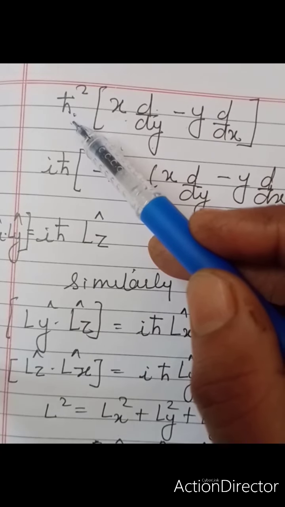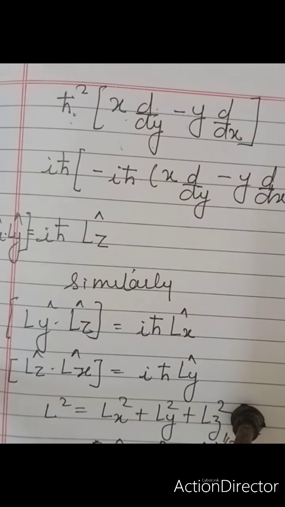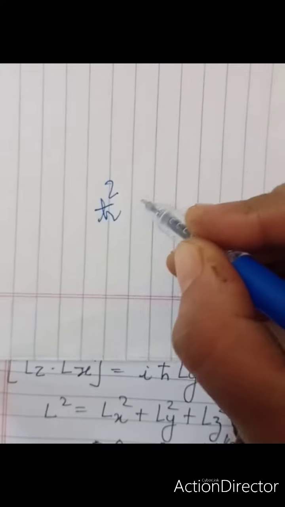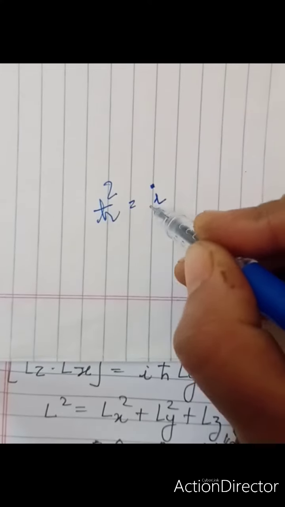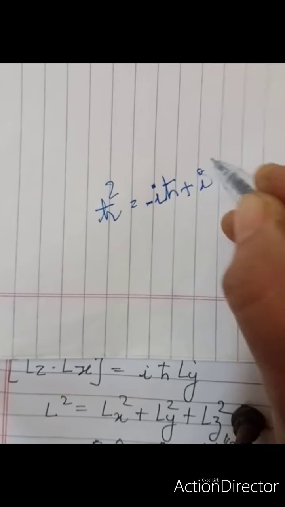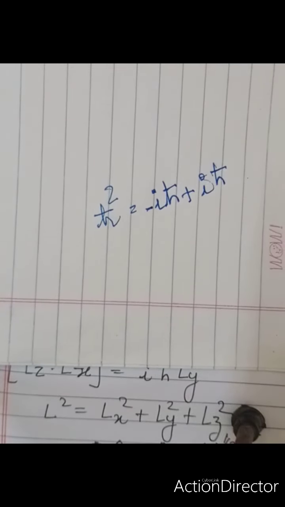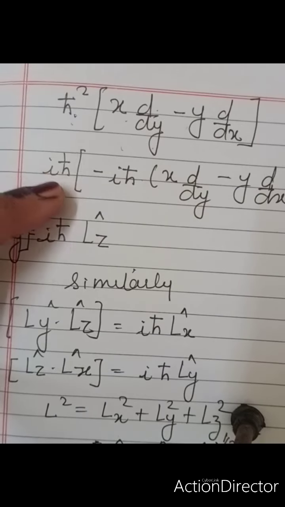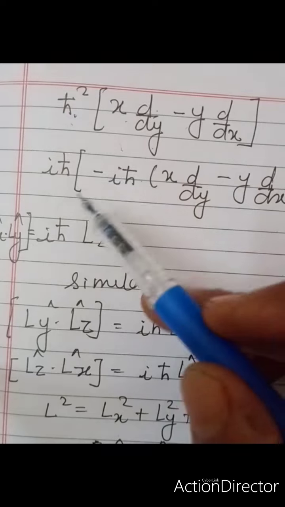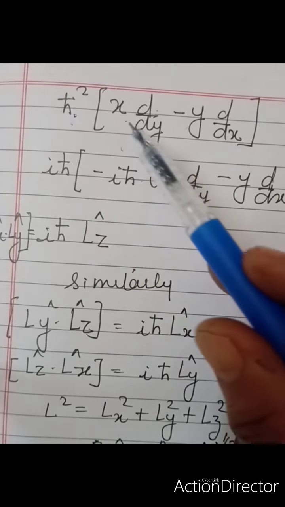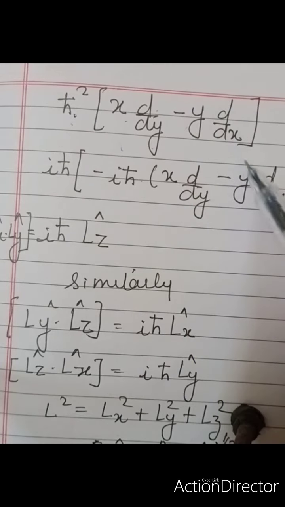Now h cut square can be written as minus i h cut times i h cut. So with this rearrangement, it is i h cut times minus i h cut x d by dy minus y d by dx.